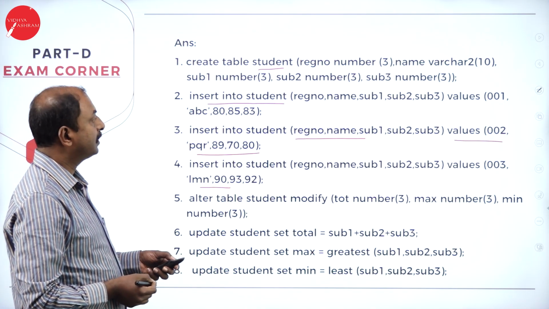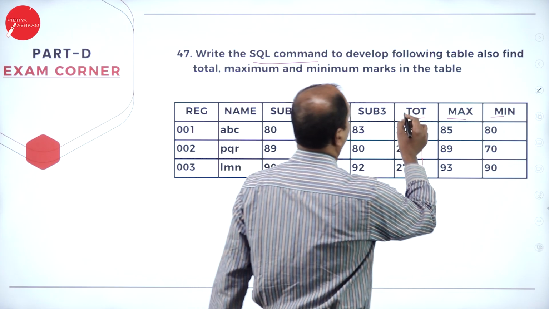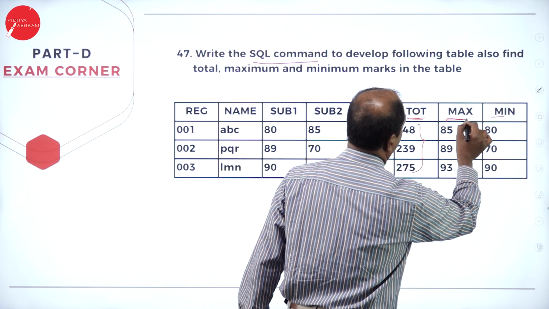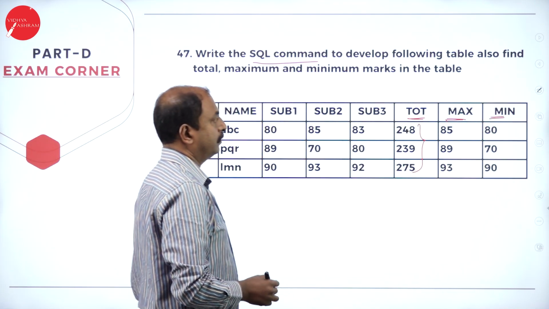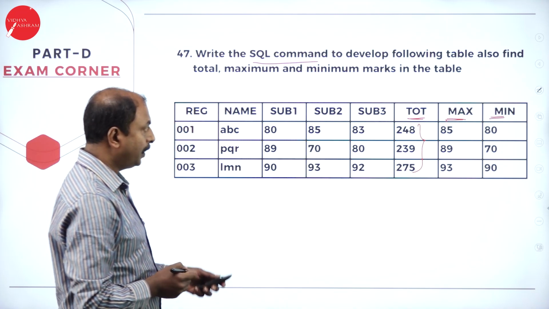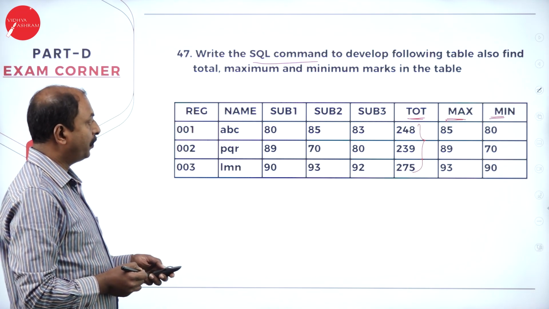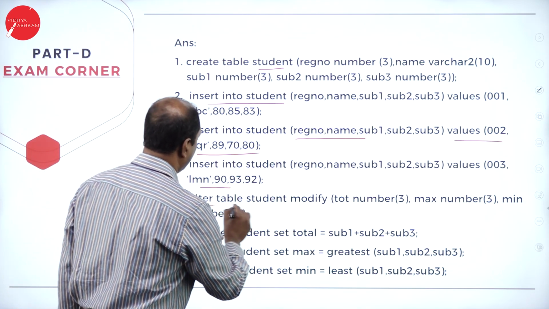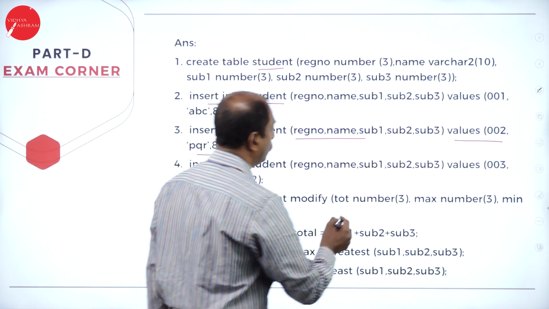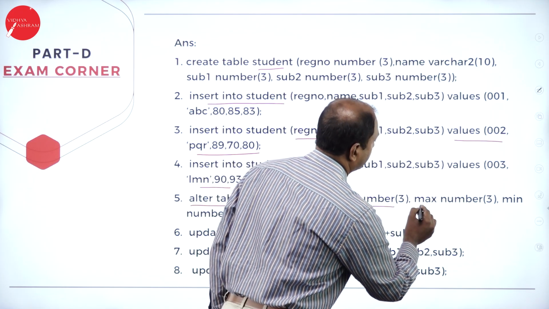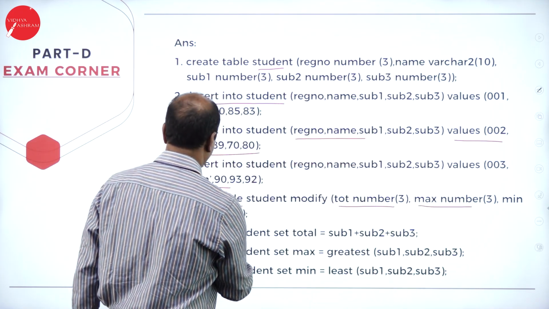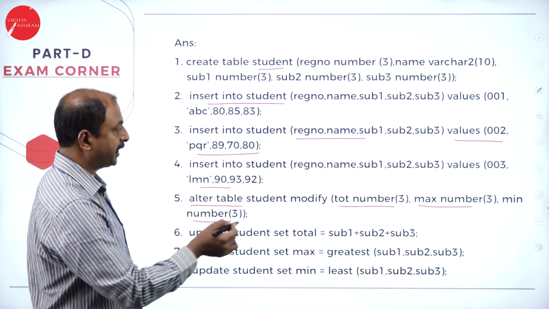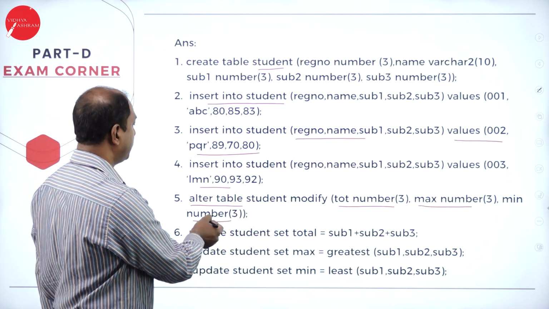Next, after this, we have to add the columns total, maximum and minimum. So accordingly, we have to write the query. So here, alter table. We are going to add different columns, that is maximum, total, as well as minimum.